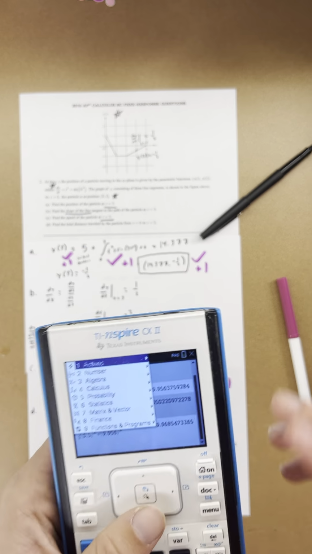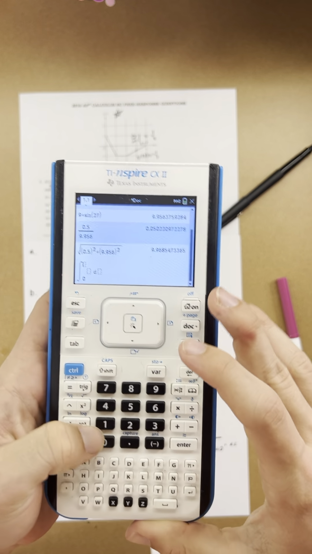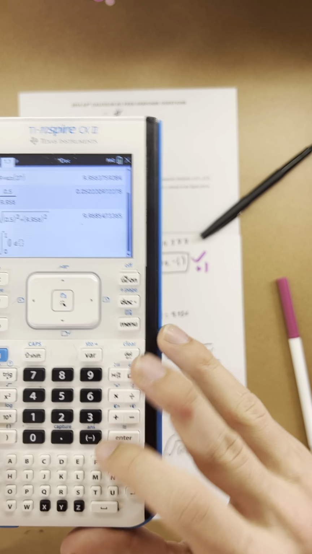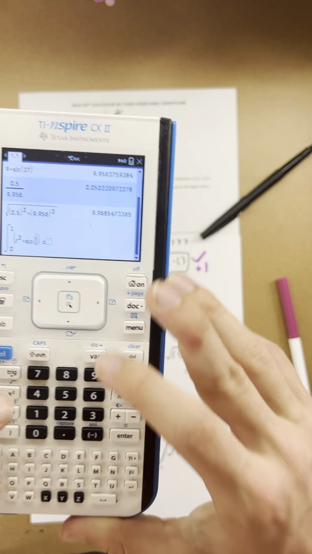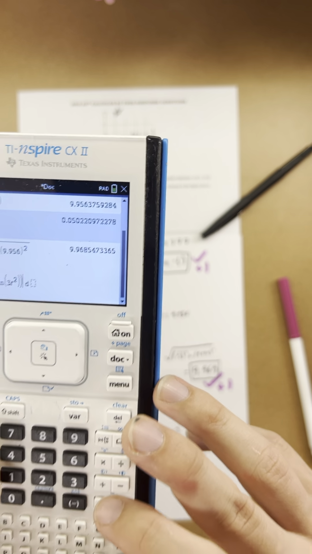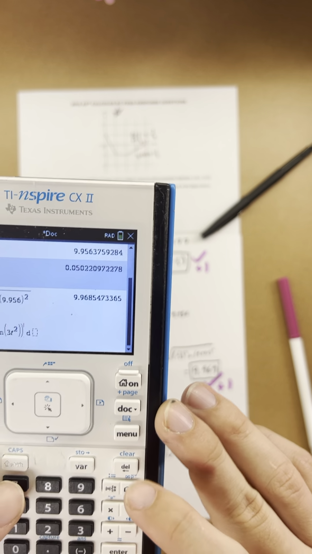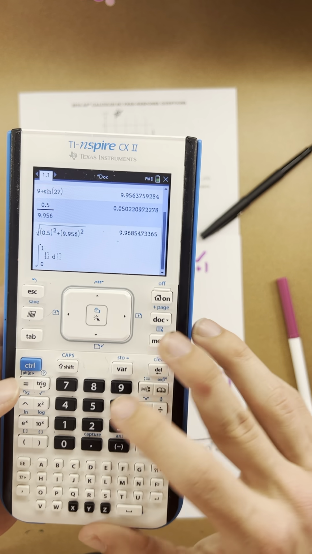So this is going to have to be done on the calculator. So 0 to 1 of the square root of t squared plus sine 3t squared. Don't forget the square root, because this is all in a square root.